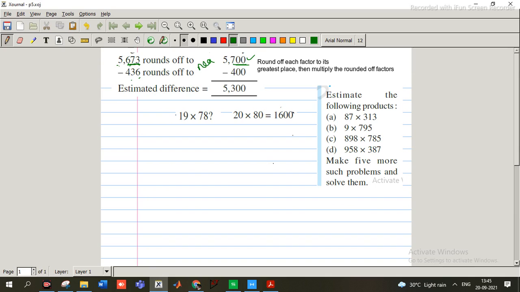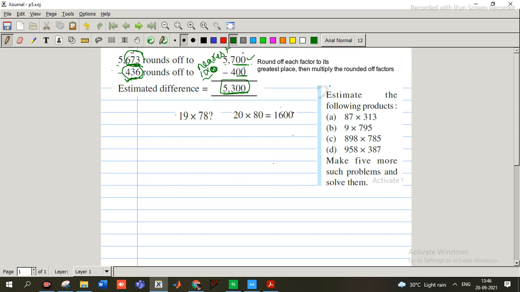Last time we rounded off to the nearest 1000, that's why I had to omit these 3 digits, but now we are only approximating it to the nearest hundreds. So 5673 will become 5700 and 436 will become 400, because to approximate to the nearest 100, we take only 3 digits. So 673 will become 700 and 436 will become 400, and once you subtract, you will get an approximate answer.